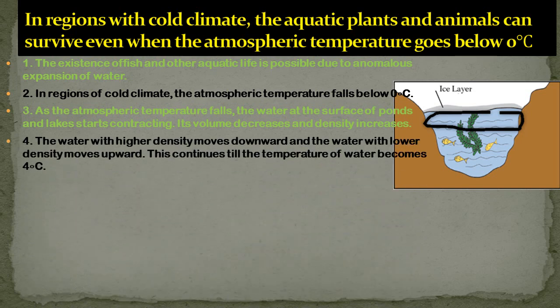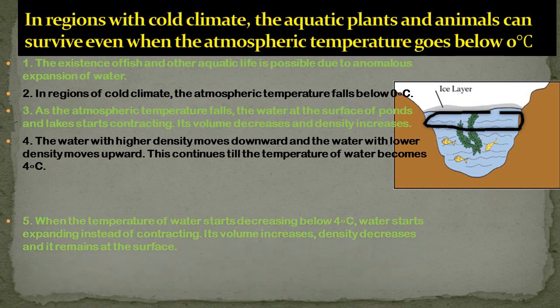That means the water with higher density moves downward towards the bottom of the ponds, and the water with lower density moves upward, and this continues till the temperature of water becomes equal to 4 degrees Celsius.